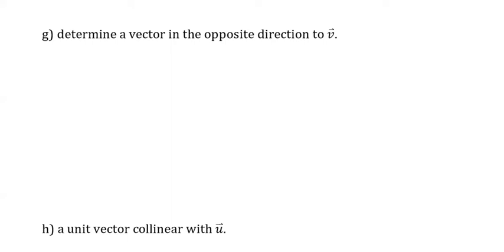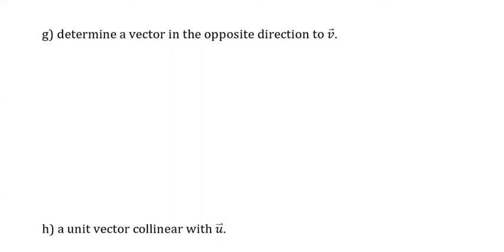Yes, negative v would work. That would be an opposite vector, a vector opposite to v. Opposite direction just means collinear, but the other way. So still collinear or parallel, but pointing the opposite direction. So we'll visualize this in a second, but negative v would work.